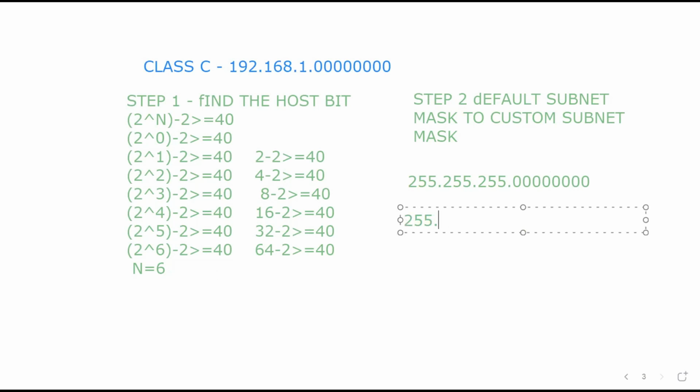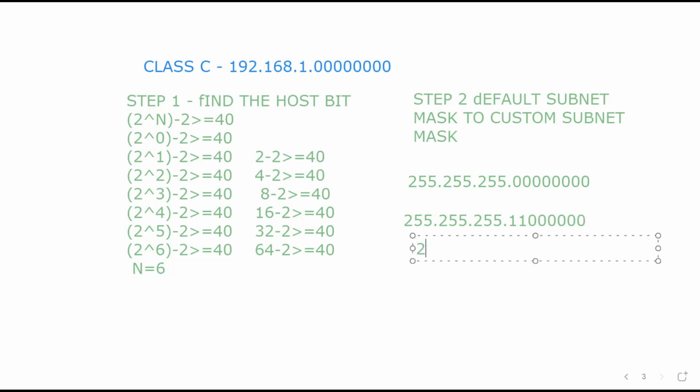I can write this as 255.255.255 and then 11000000. Then I convert binary to decimal. So what does it come to? 255.255.255.192. Right?